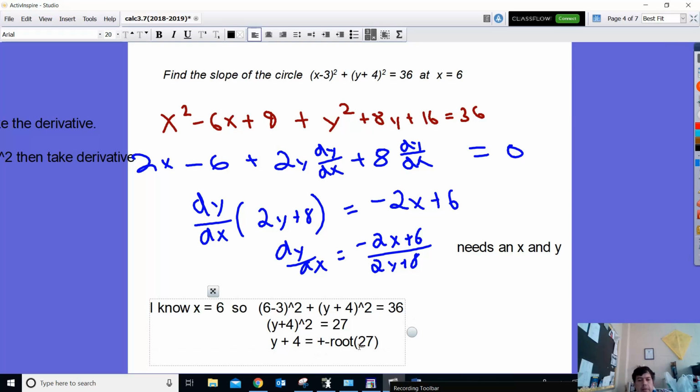We're about to come up with negative 4 plus or minus the root of 27 for our two y values. So about 1.2 and negative 9.2.